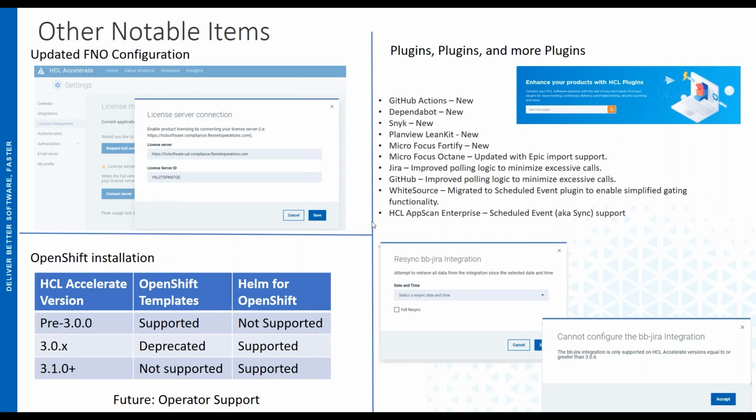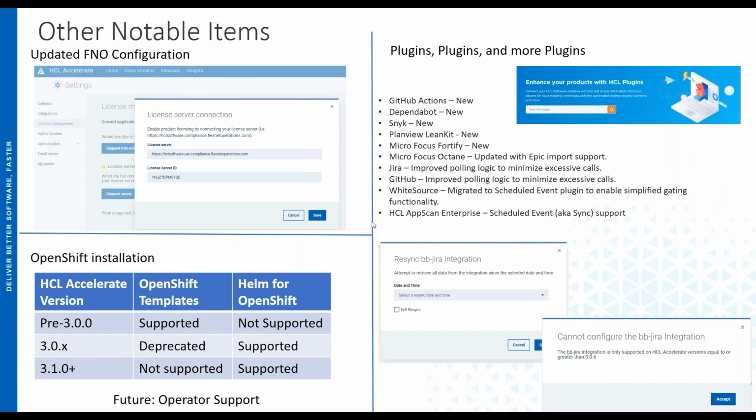Last but not least here is around plugins. We definitely spent a ton of time investing in new plugins, iterating on old ones, and making sure that our existing customers are successful. Some new plugins that have come around: GitHub Actions, Dependabot, Snyk, Plainview Lean Kit, Micro Focus Fortify, and Octane. These are all customer requests that we've seen, and we've responded quickly to ensure that they are a success.